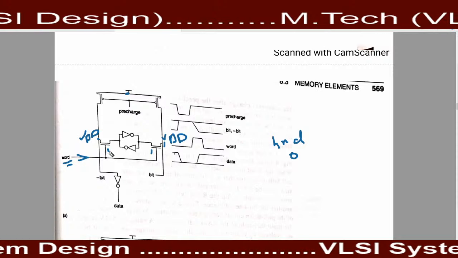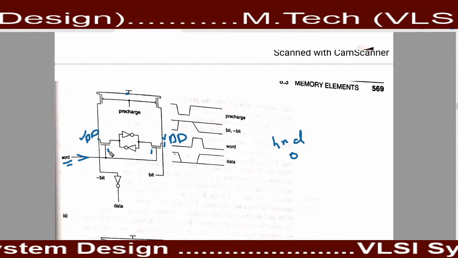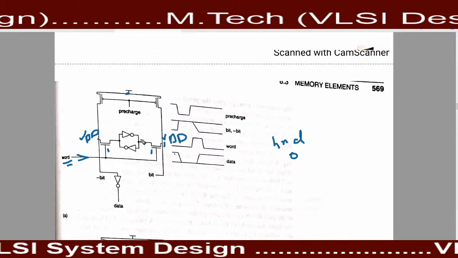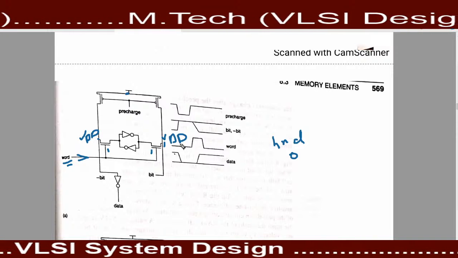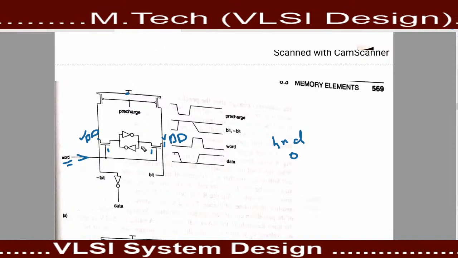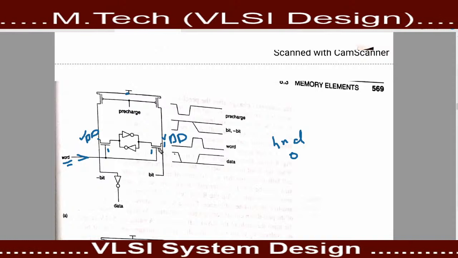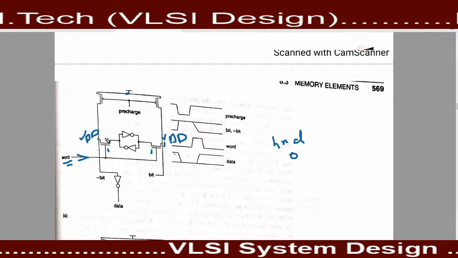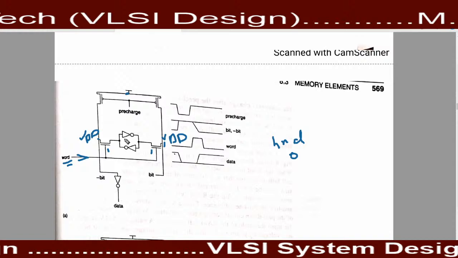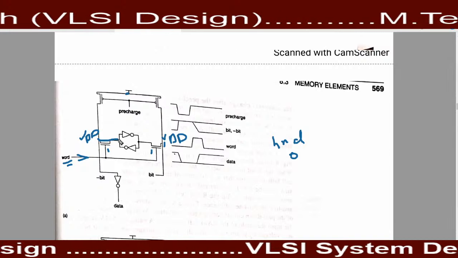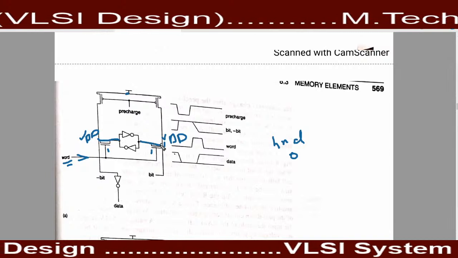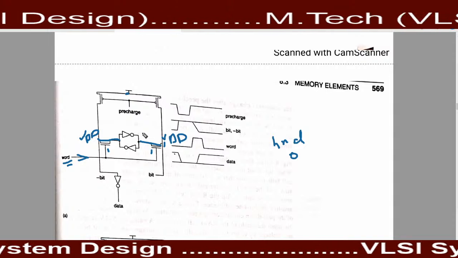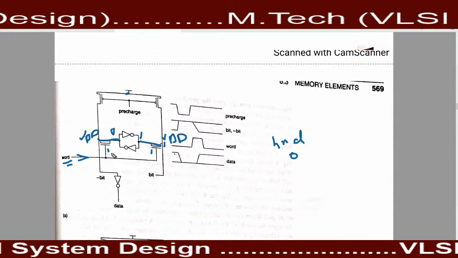This voltage is higher than the threshold voltage of this transistor, and because of that these transistors are in the saturation region, in operating condition. When these transistors are in operating condition, both transistors make a short circuit path.